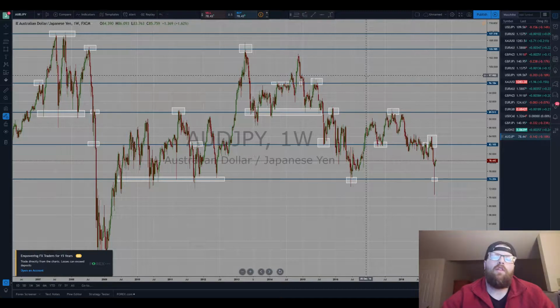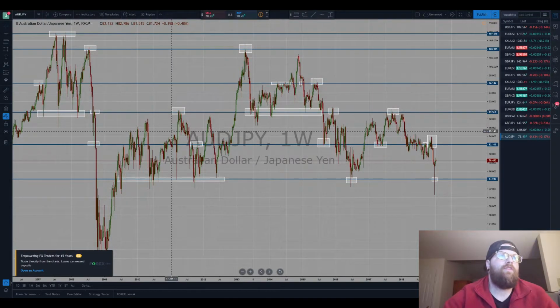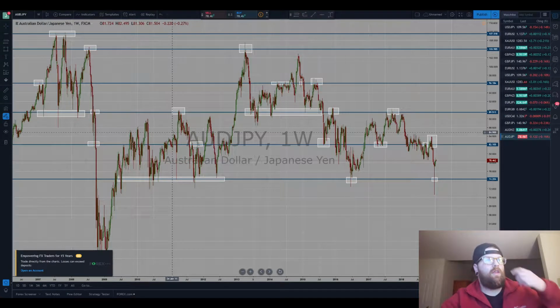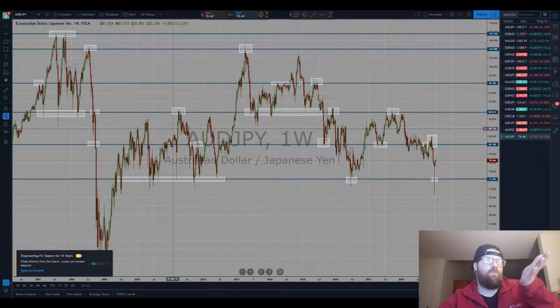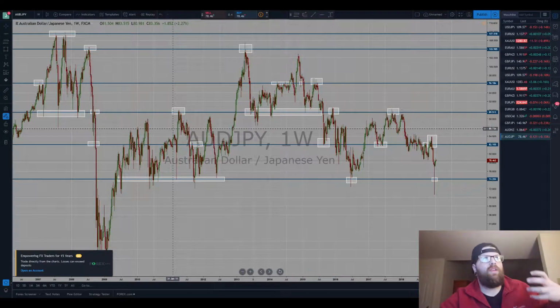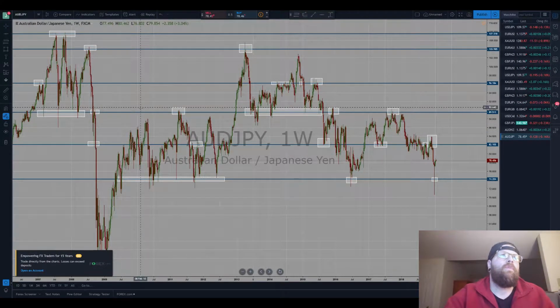However, if you trade the daily or the 4-hour or all the way down to the 15 or the 5-minute time frames, you will have significantly more support and resistance levels, because as you drop down in time frames, you'll see that these levels are still valid, obviously, because we've identified them on a higher time frame, but we need to then drop down and identify levels that are appropriate for the time frame that we trade.